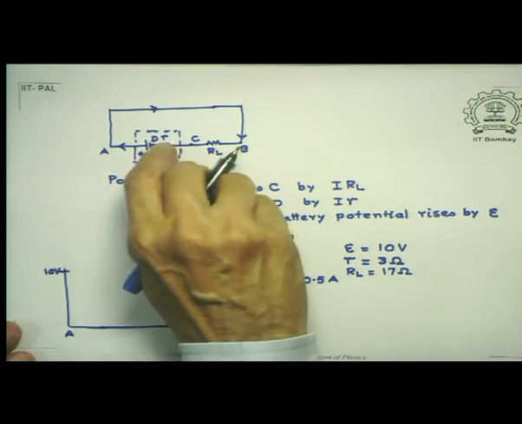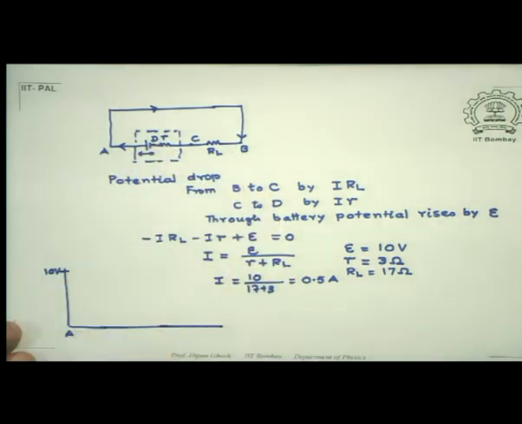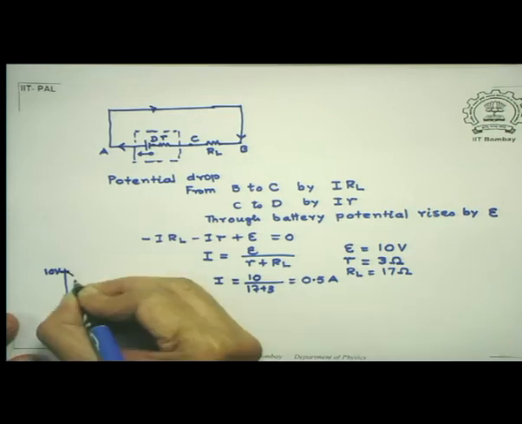Now, when I cross over to the point D, since the point D is connected to the negative terminal of the battery, the potential comes to the value it has in the negative terminal. I don't know exactly how the potential changes inside the battery. So let me just draw it by a dotted line.